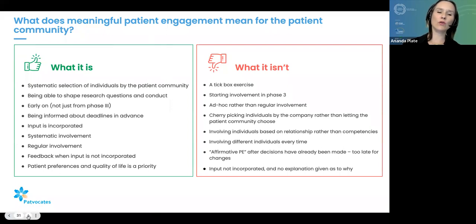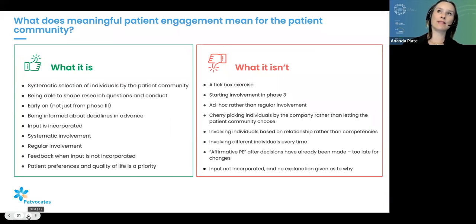Also ad hoc involvement or engagement rather than regular involvement, or the cherry picking of individuals by the company rather than having a conversation with the patient community, the organization in the area, so to identify the individuals that are best suited for that particular task. Then also what it's not is involving individuals based on relationship rather than the competencies that they have.